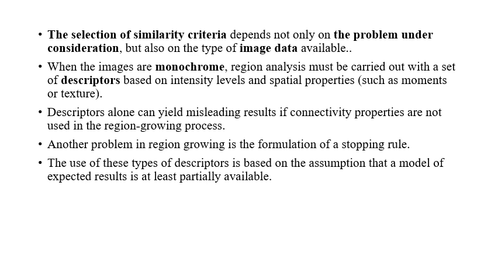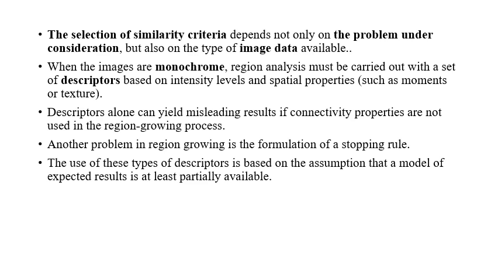Sometimes when the images are monochrome, how can we do the region analysis? Then we use something known as descriptors, which we'll be studying in more detail in the next lecture. But descriptors by themselves sometimes may not result in the kind of connectivity we require.